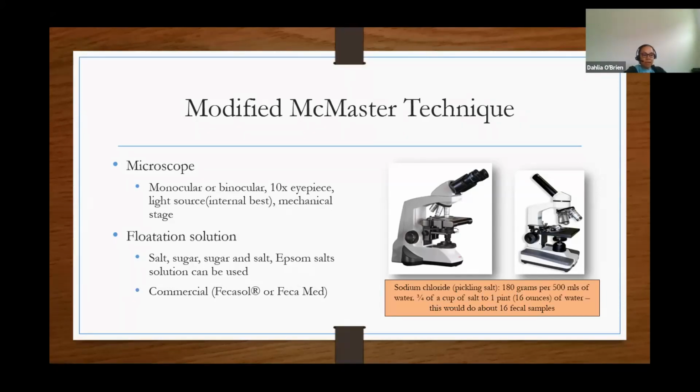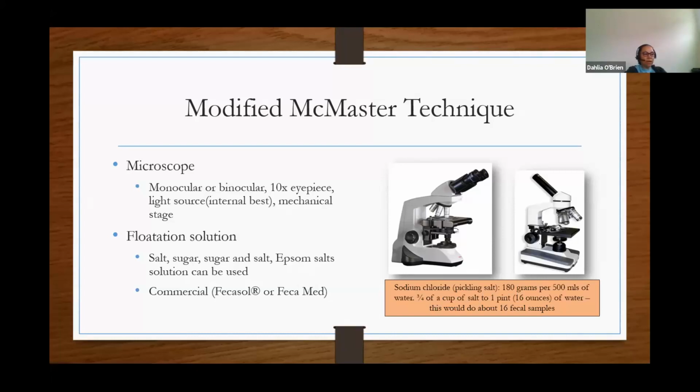There is a recipe right beneath the microscopes, and we usually recommend pickling salt as opposed to using just regular table salt, because I believe it has anti-caking agents that don't dissolve very well. So if you're making your own, use pickling salt.